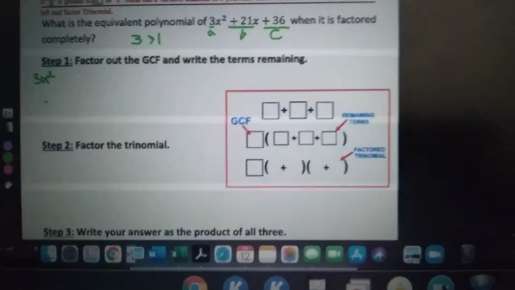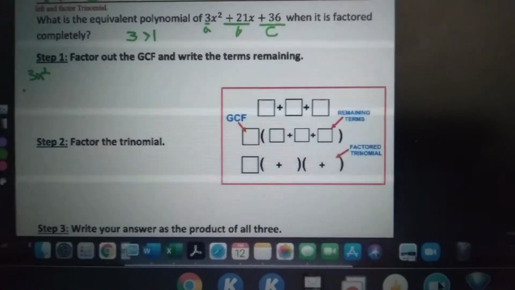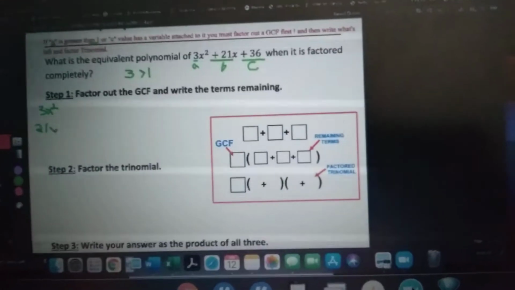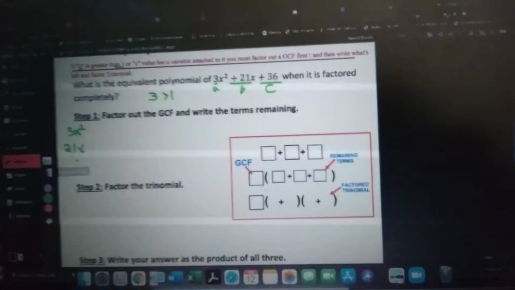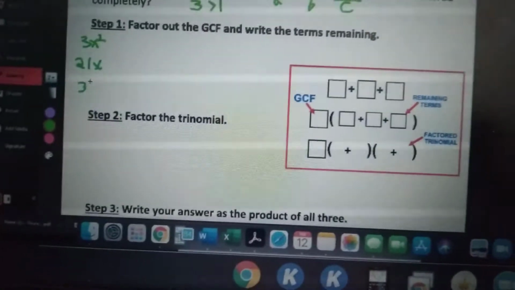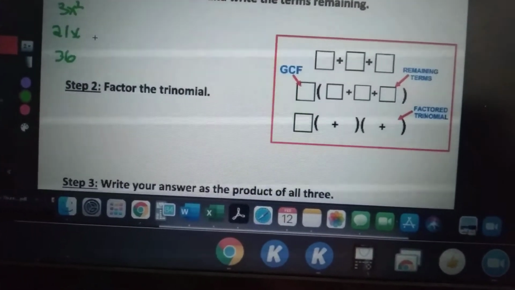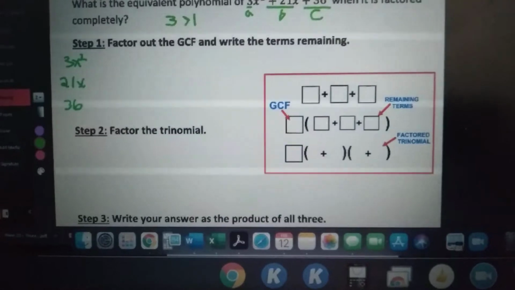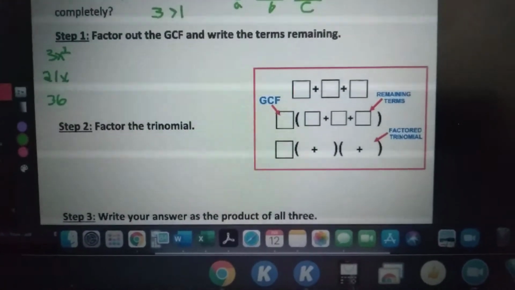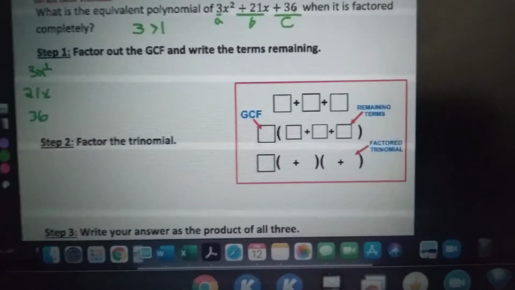Good job, Aksa. Thank you. Aksa's the only one answering me right now. Good job, Connor. Anyone else? Careful, Maimuna. Careful. You only have that answer when your C has a letter attached to it. There's no letter attached to it.